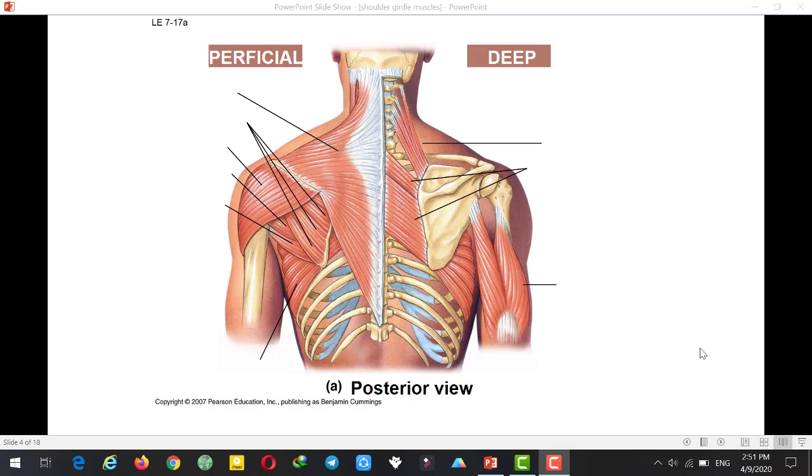But the second layer that is covered by the trapezius is levator scapulae, rhomboid minor, and rhomboid major, which we want to learn about. First, levator scapulae. The origin of this muscle comes from C1 to C4, and insertion is the superior angle of the scapula and medial border of the scapula.